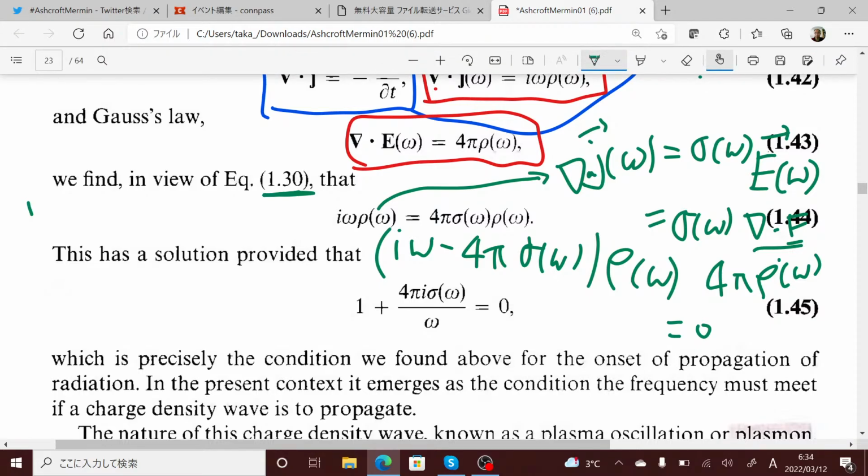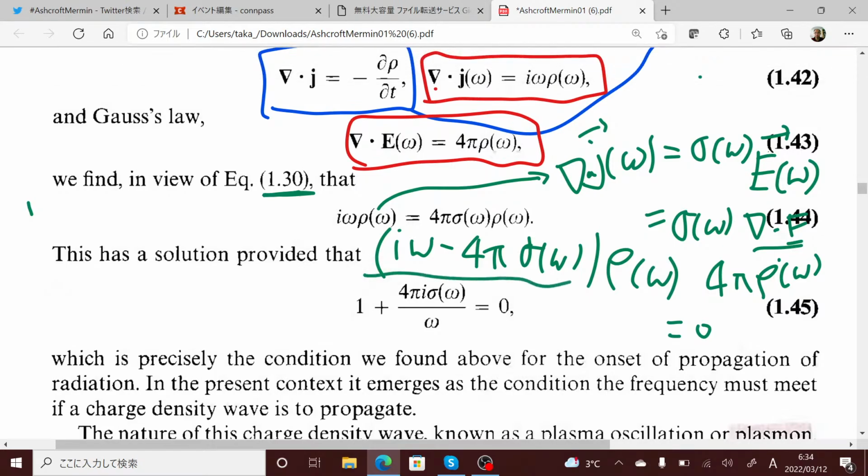So this part has to be 0, and rho is not 0.